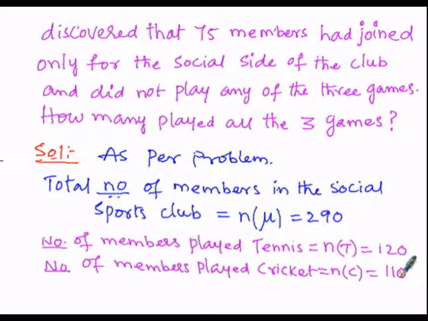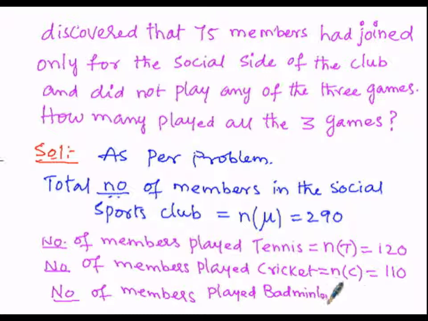And in the similar manner, 130 played badminton. So the number of members who played badminton, I am going to indicate badminton by B, so n of B is equal to 130.